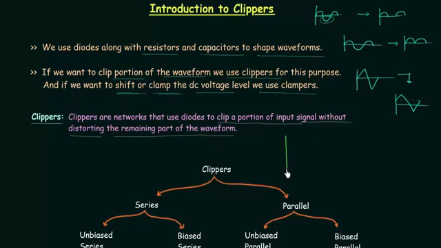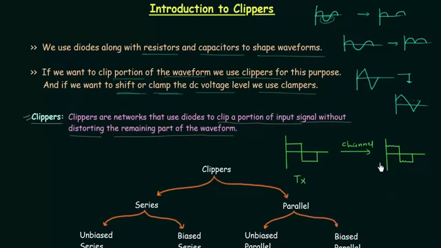For example, let's say this is the input signal on the transmitter's end, and we have to transmit this signal by using any channel. On the receiver's end, we have distorted signal like this. The signal is distorted because of the noise, and we have to eliminate the effect of noise by using the clippers.